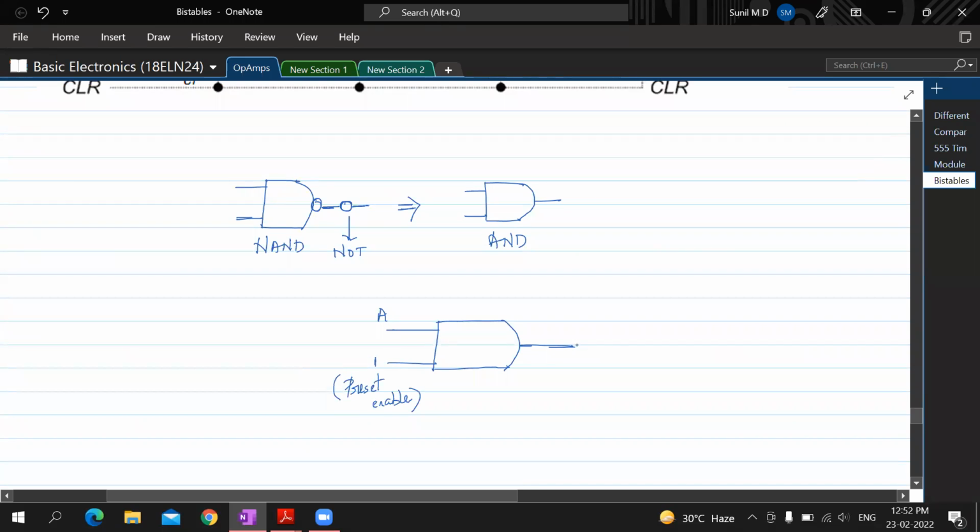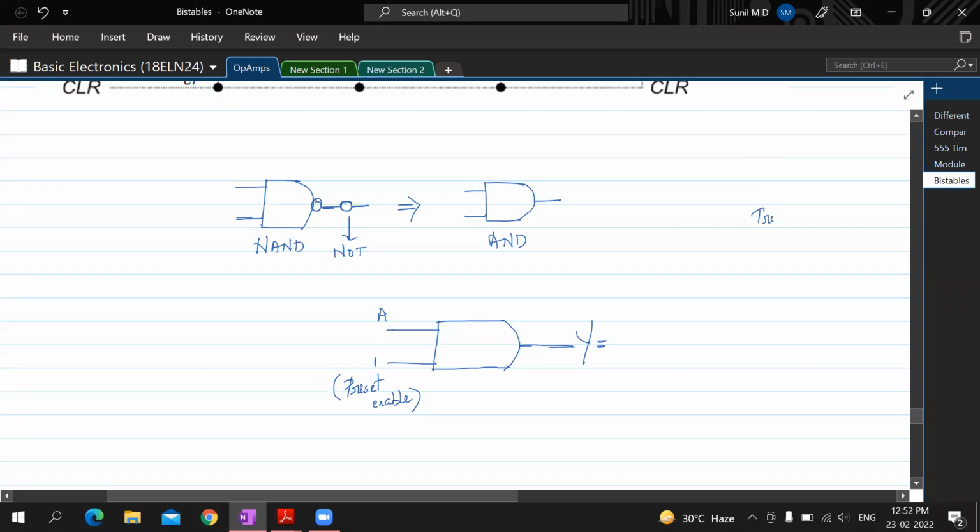So if it is one, what would be this output? Can you tell me? If one of the inputs of an AND gate is always one, what would be the output? Can you work that out? Let me give you the truth table.